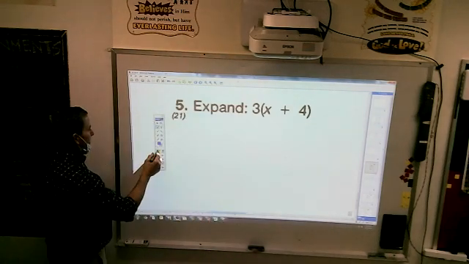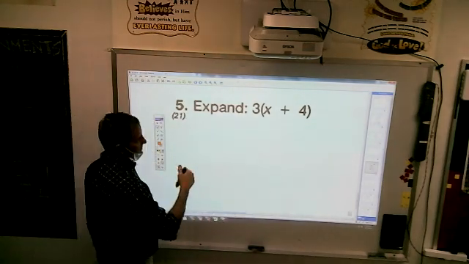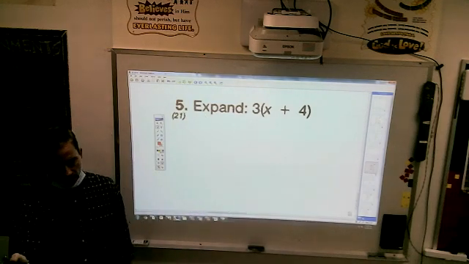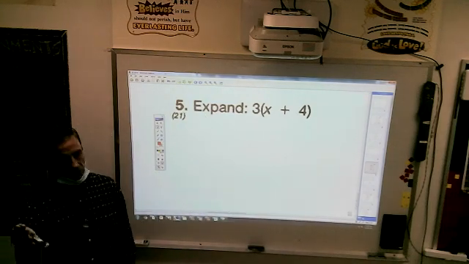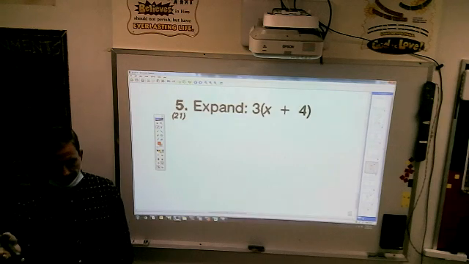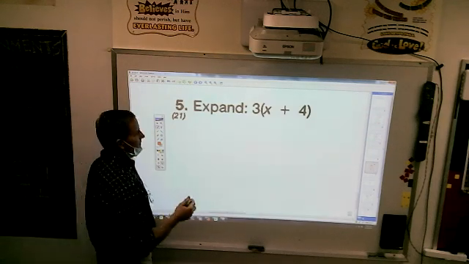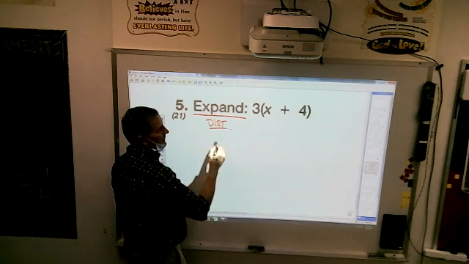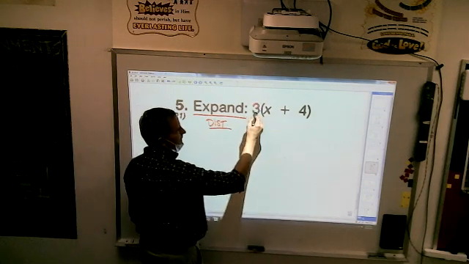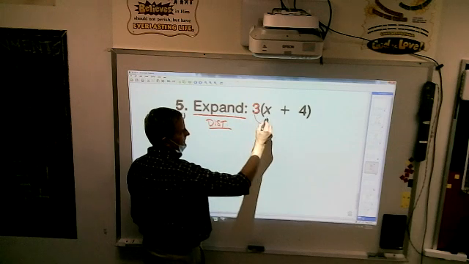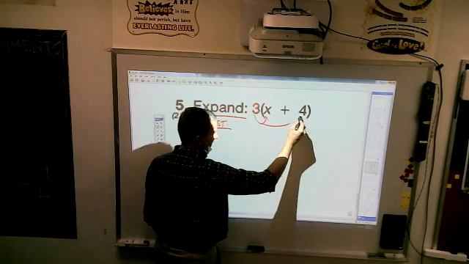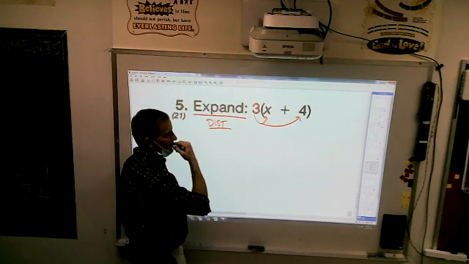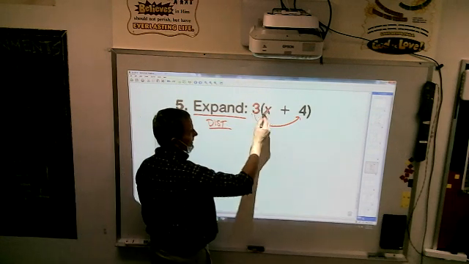Ava, anytime you see a number next to a parenthesis with a bunch of stuff in it, what property do we have to use to figure this out? Starts with a D, ends with a D? Distributive? Right. That's what expand means. Expand means the distributive property. You're taking this 3 and distributing it, making it times each one of the terms inside that parenthesis. What is 3 times x?